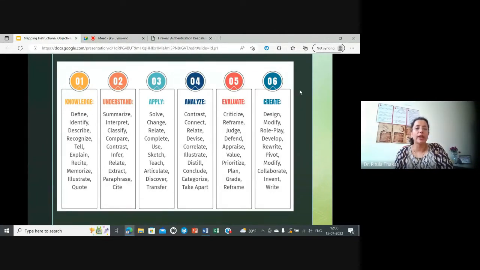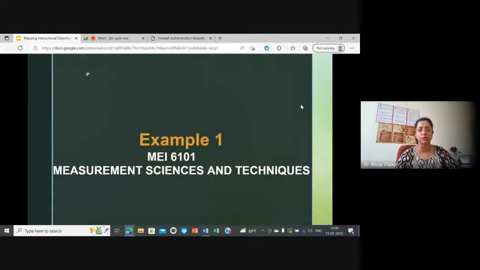So not necessarily every subject will have all the terms. It all depends upon your interpretation: you have to understand the things and accordingly write your learning objectives.